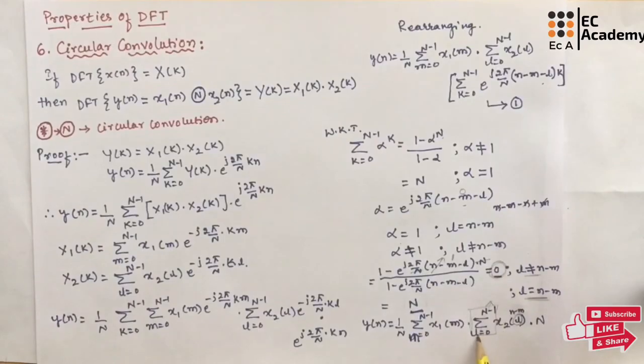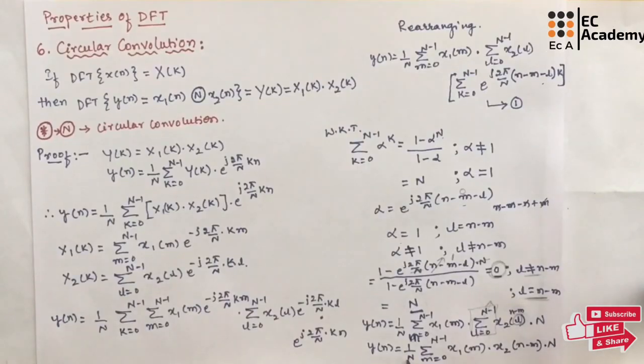That's why we can neglect the summation of L is equal to 0 to n minus 1, because we are taking L as only one value, which is n minus m. So we can write the above equation as y of n is equal to 1 by n summation of m is equal to 0 to n minus 1 x1 of m into x2 of n minus m into n.